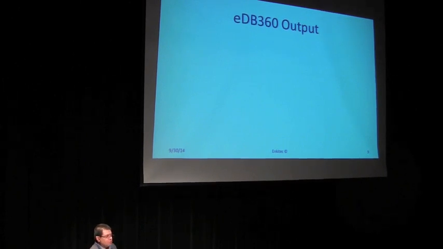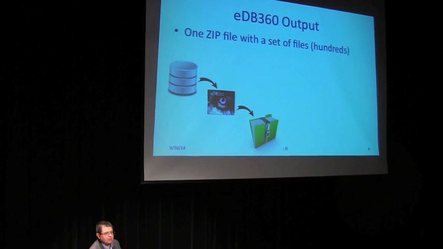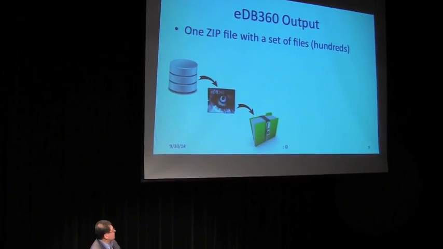In terms of output, what do I get? As I mentioned before, we get only one file, one zip file. So we run EDV360. It reads some metadata from the database and produces a zip file. That's all I need. So for example, if I am remote and I am asked to do an evaluation of a database, I say, you know what, run EDV360, give me the output.